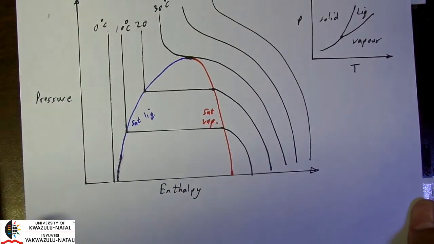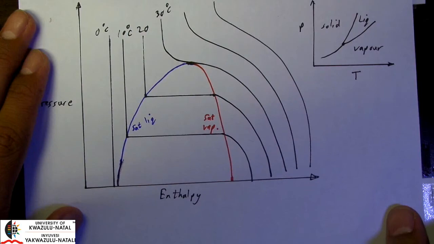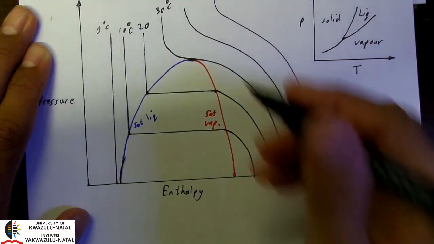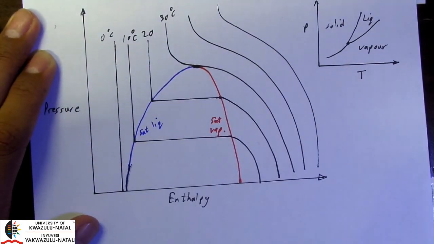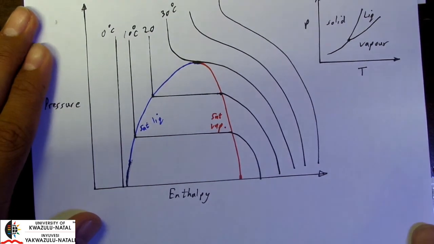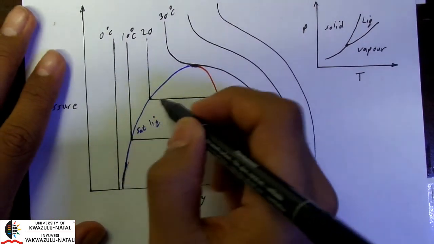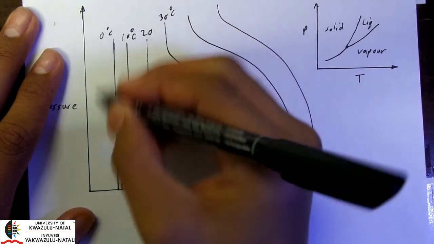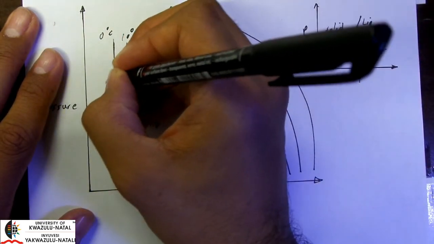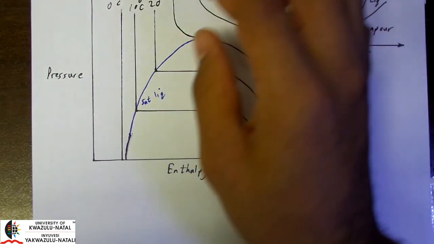Okay, so what is this diagram actually explaining? So this diagram explains the mechanism of phase transition. If we look to the left of our saturated liquid line, this region here will be the subcooled region.